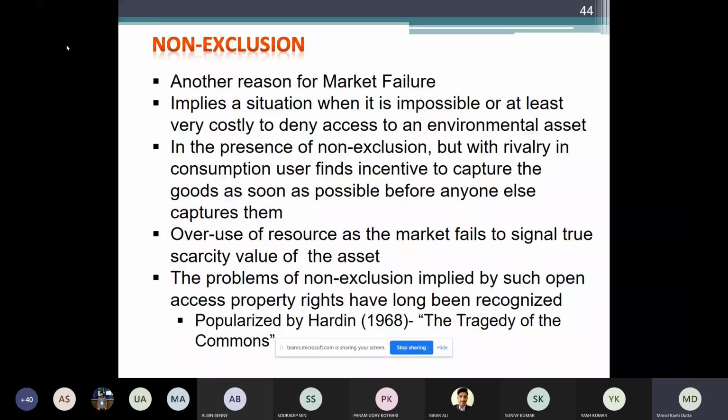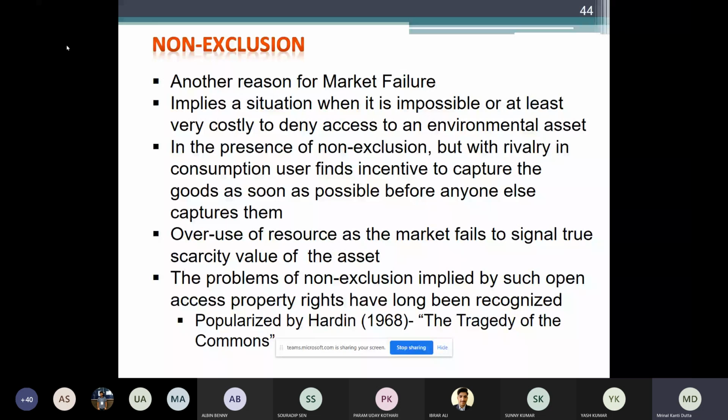But in general, unless this type of restriction is erected, the resources might be available to each and everybody. So what happens if there is non-exclusionary characteristics? In many cases, we find that although the resources are accessible to each and everybody, they might be rival in character. We'll try to understand these things a little bit later.